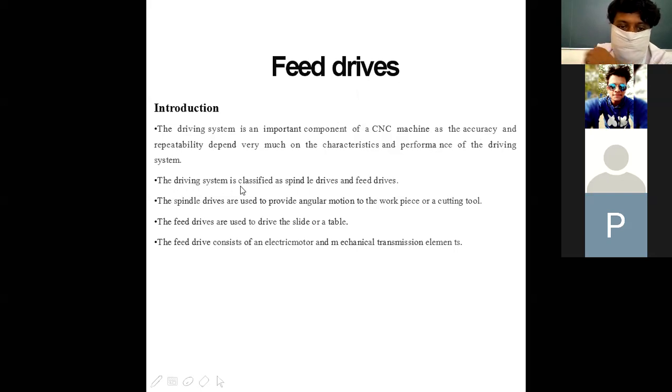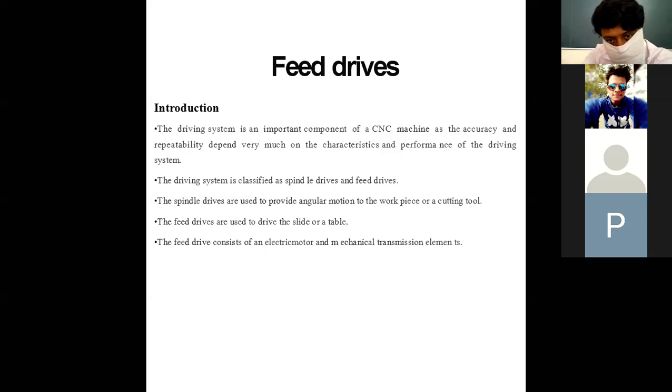The driving system is classified as spindle drives and feed drives. You might have seen different types of spindles used on a lathe machine or a milling machine or a drilling machine. Different types of spindles are there, right? So in CNC also we have different types of spindles.